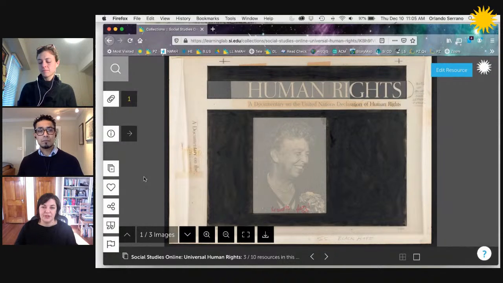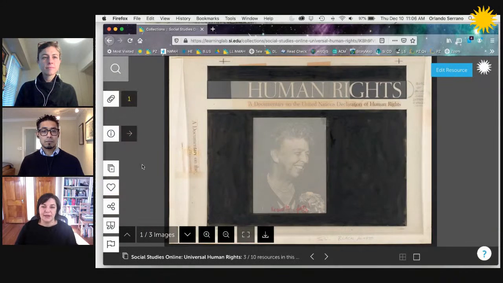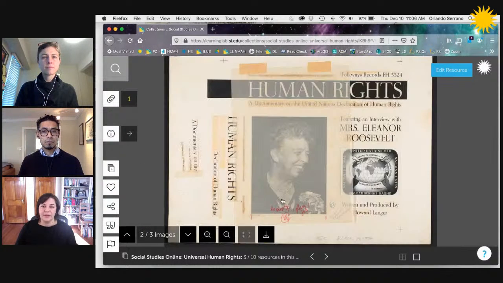Eleanor Roosevelt was the first lady of the United States from 1933 to 45. And she was a very powerful, influential, visionary diplomat as well, both during her tenure as First Lady and afterwards. She was really pivotal to getting the United Nations together as an international body and cultivating this shared sense of values and principles that we call human rights.